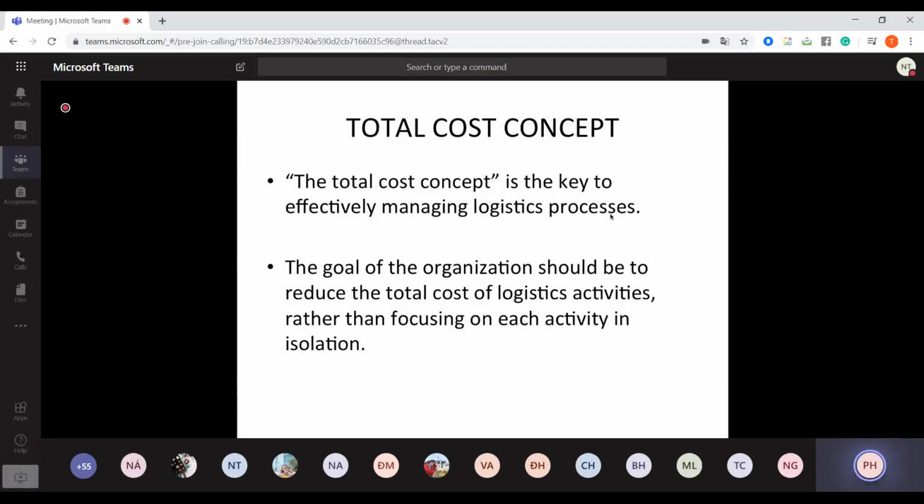But this is a very important concept for any country and also for any firm or business, because if we want to be more competitive in the market, of course we need to reduce our costs.